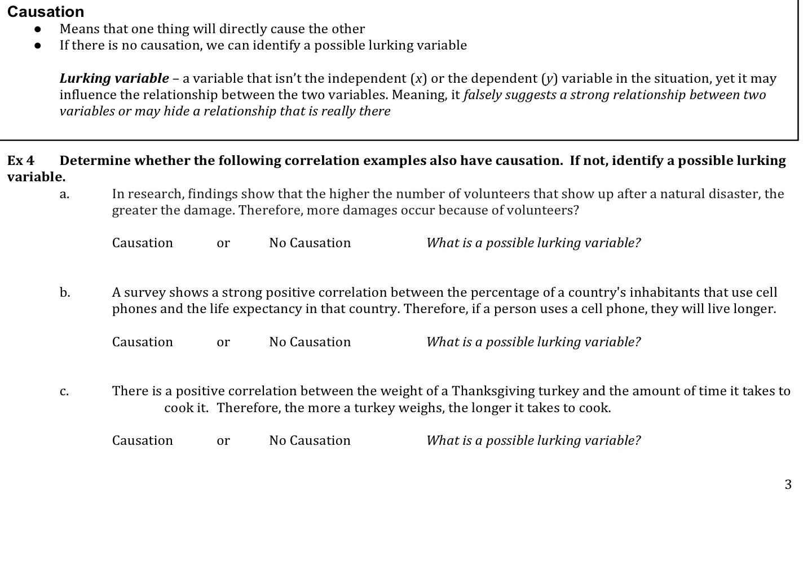All right, let's take a look at the first one. In research, findings show that the higher the number of volunteers that show up after a natural disaster, the greater the damage. Therefore, more damages occur because of volunteers. Now, we know that this is not causation. What's happening here is that it's actually the other way around.